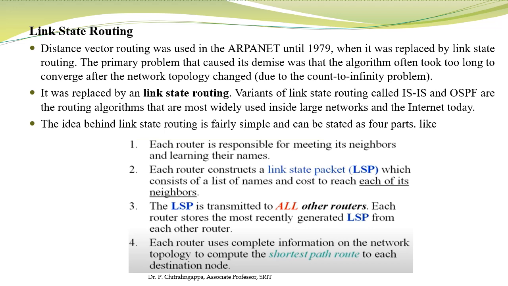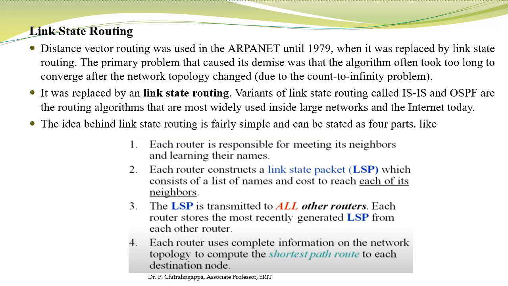Next one is the link state routing algorithm. It was a replacement for the distance vector routing algorithm. Variants of link state routing, such as IS-IS and OSPF, are some of the examples. The idea behind link state routing is fairly simple and can be stated in four parts. Each router is responsible for meeting its neighbors and learning their names.